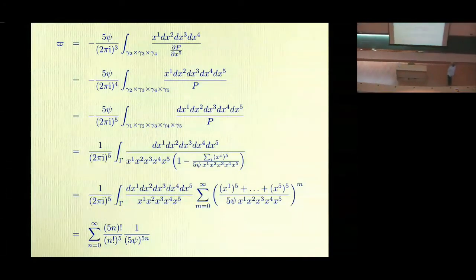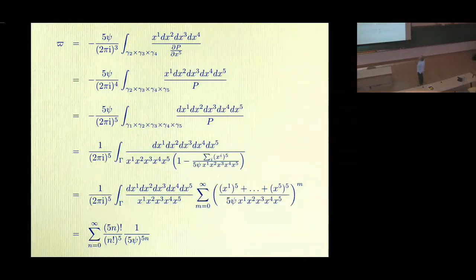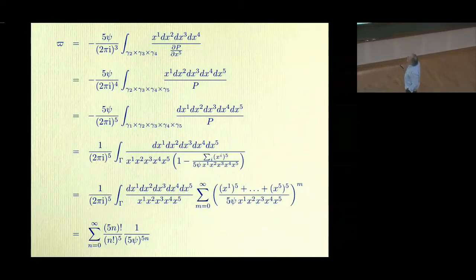Now you rewrite, the bottom line is p. It's the sum of the 5th powers minus 5 psi, the product of all of them. You pull the product outside. We had put in a minus 5 psi at the beginning, which cancels the minus 5 psi inside here. And so now this times this gives us p.